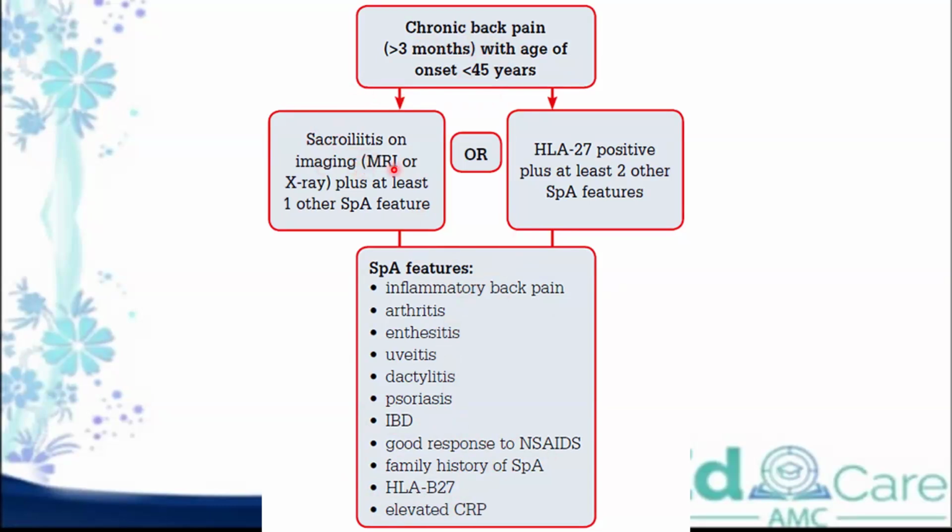Sacroiliitis, if you do an MRI, you can see inflammation of the sacroiliac joint, right? And one other of these features is suggestive of ankylosing spondylitis. So if you have an MRI with sacroiliitis, it's almost always true for ankylosing spondylitis. So you need only one more feature. But if it's just HLA-B27 that is positive, you need two features from this to diagnose, right?